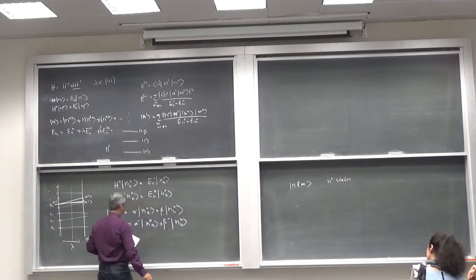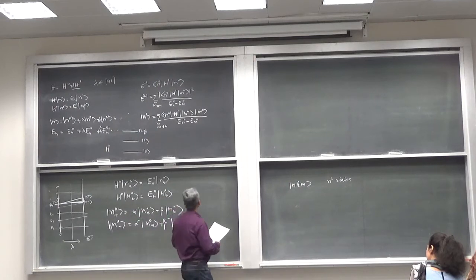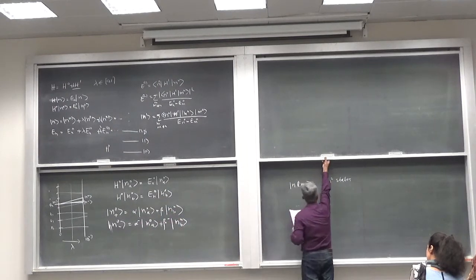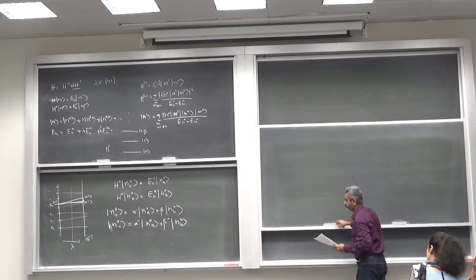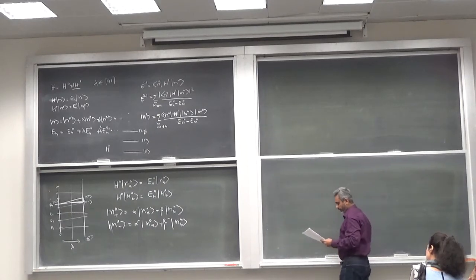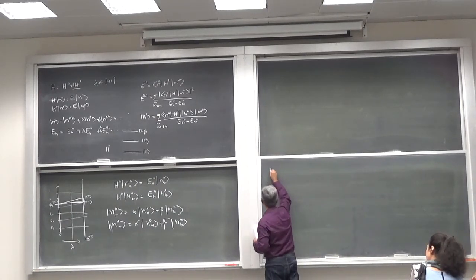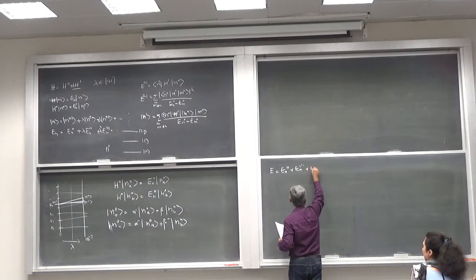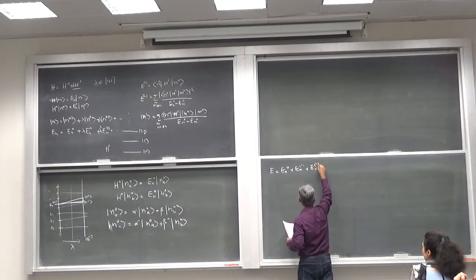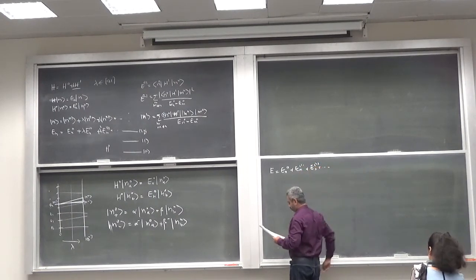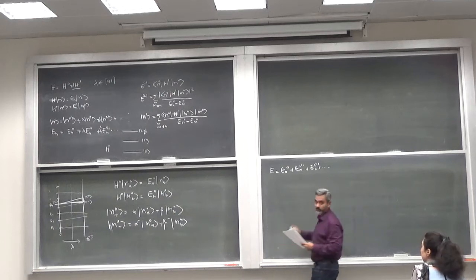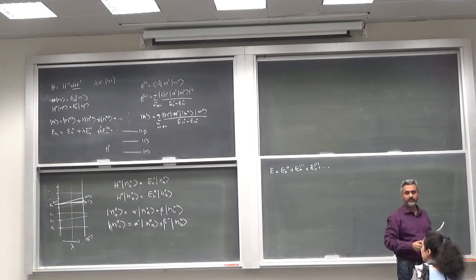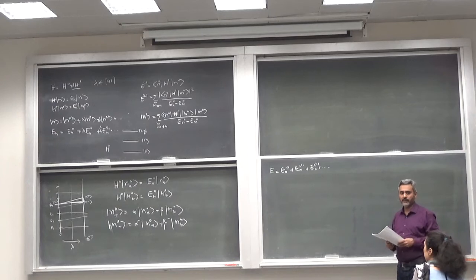So you have these two combinations. And we do the usual thing, you write E as En0 plus En1 plus En2. These are orders.